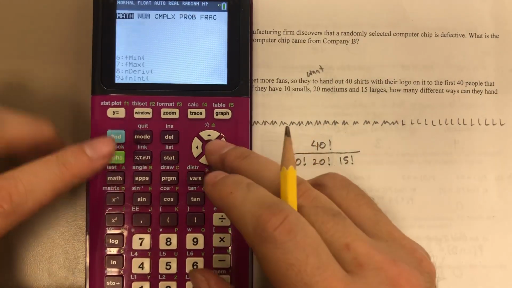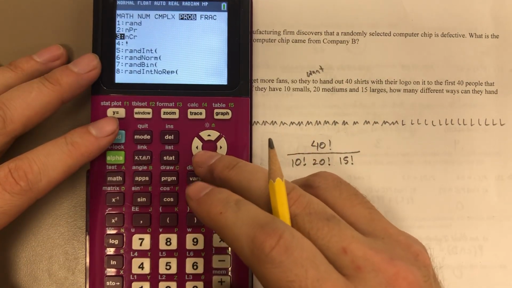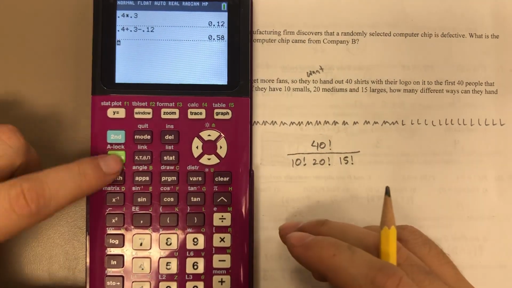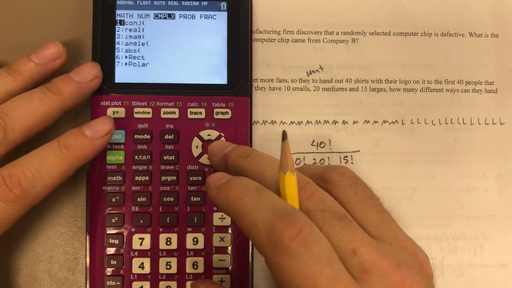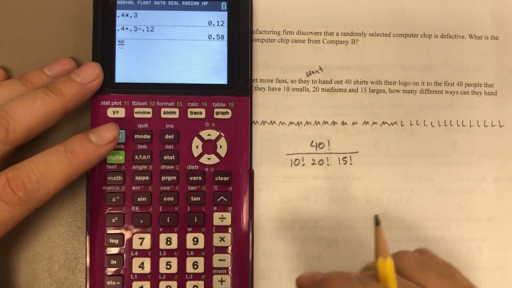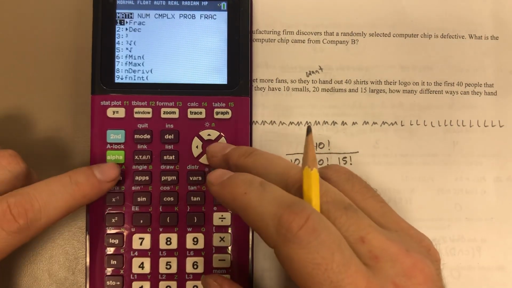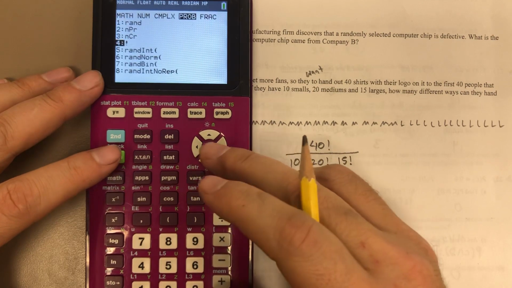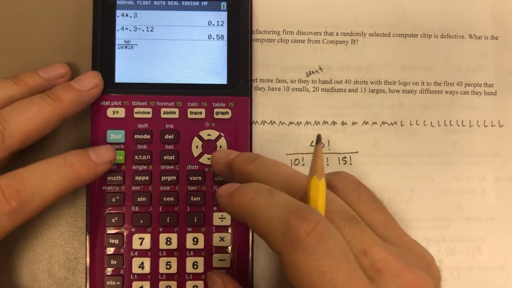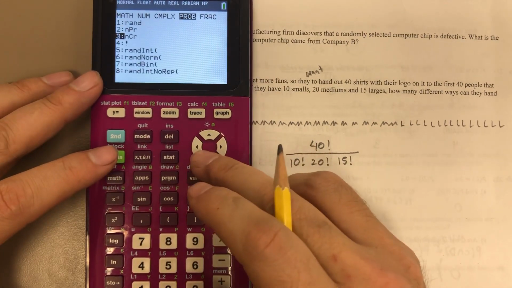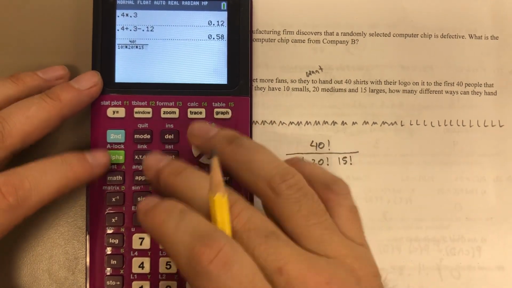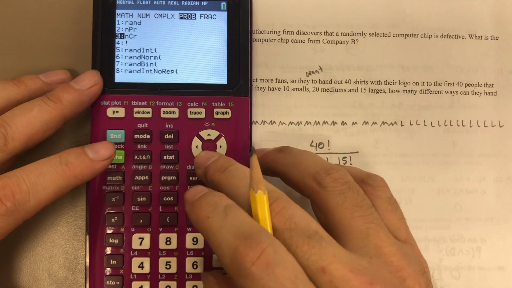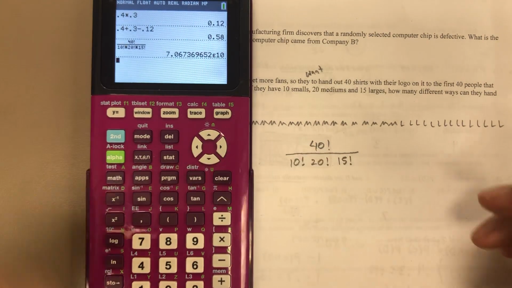40 factorial. Okay, let's make it look nice. Fraction, there we go. 40 factorial over 10 factorial times 20 factorial times 15 factorial. Whoa, that's a big number.